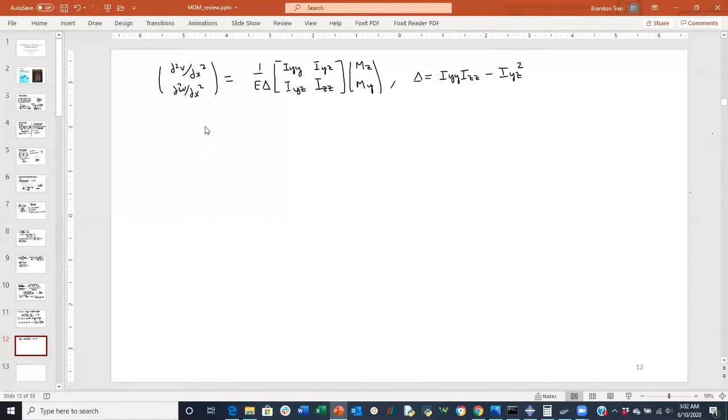Matrix multiplication here, we will just establish that d squared v dx squared, the partial derivative of displacement in the y direction with respect to x, is equal to Iyy Mz plus Iyz My.